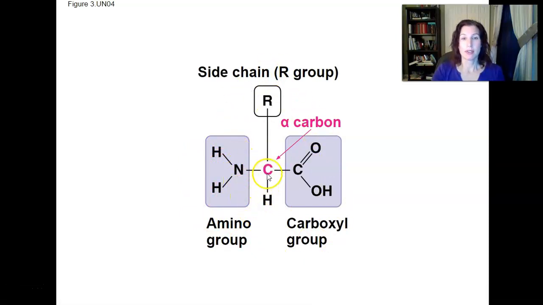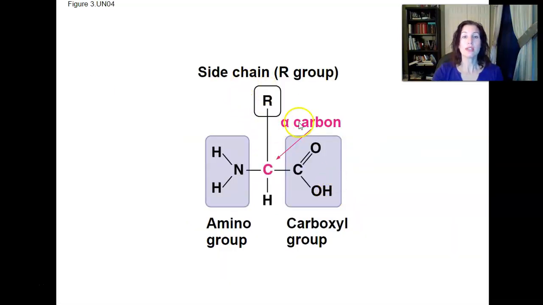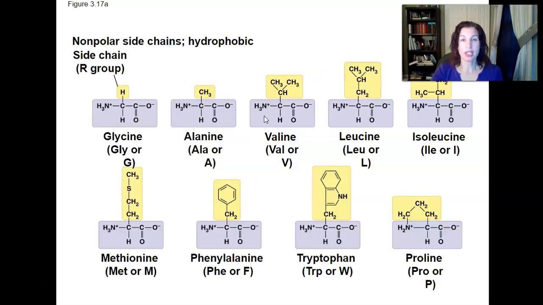So we now have CHON. Okay, so those are the elements that make up proteins. Remember, sometimes there can be other elements like sulfur in there, but typically CHON. This R group can be many different things, and this R group is really what determines the way that the protein is going to fold and interact.